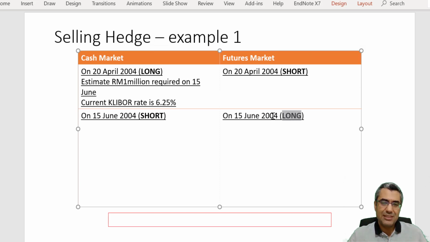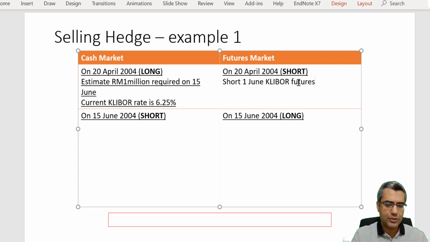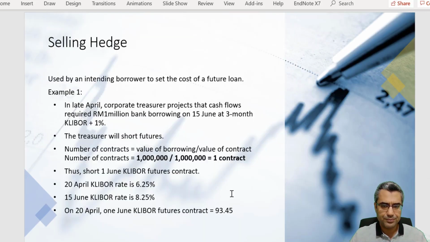This is long, this means this should be short. Anyway, so short futures contract. So we short 1 June KLIBOR futures contract at what price?